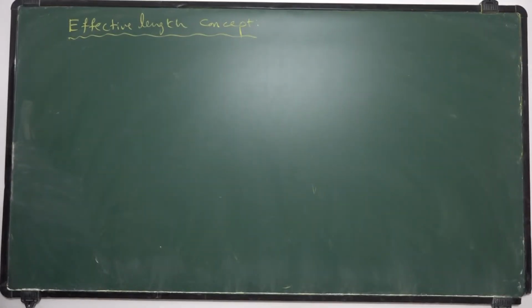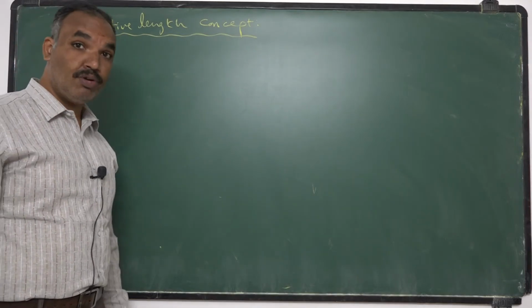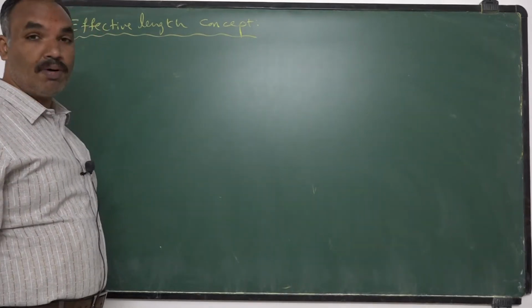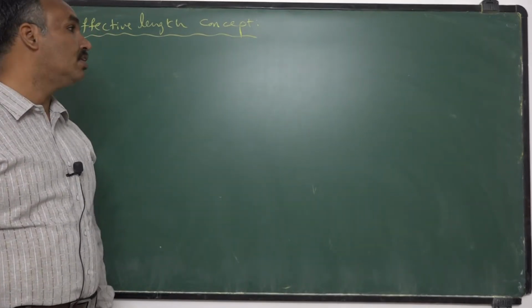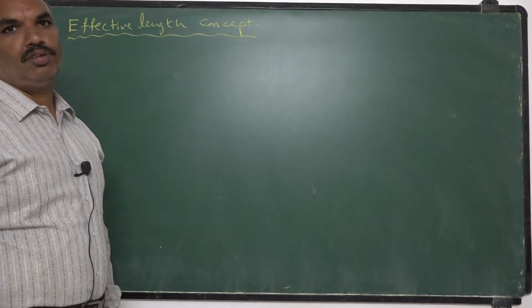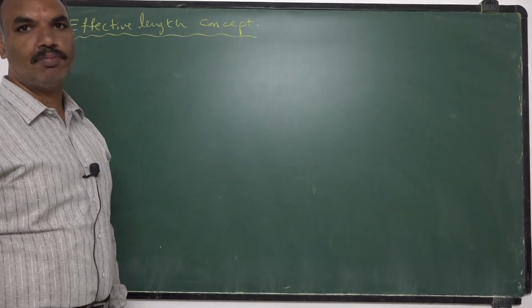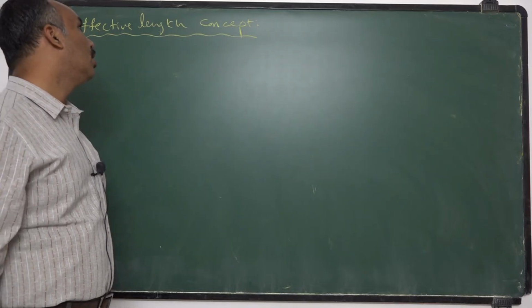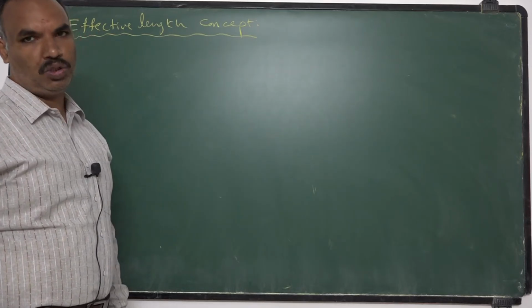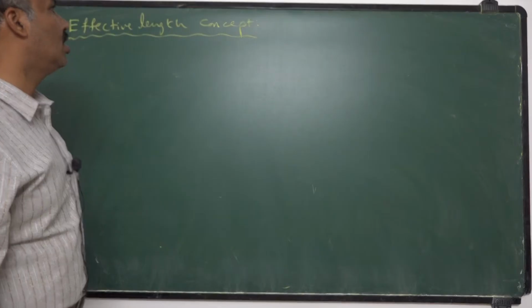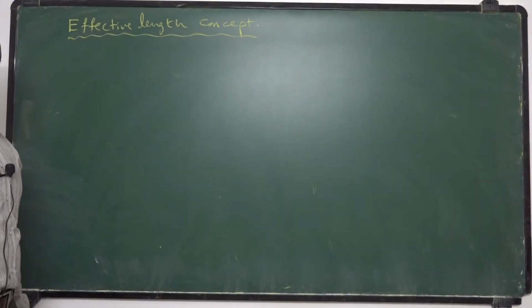Till now we discussed the motion of a rod in a uniform magnetic field. Sometimes the magnetic field may not be uniform and the shape of the rod may not be straight. Even in that case, the motional EMF concept can be used, or motional EMF can be developed.